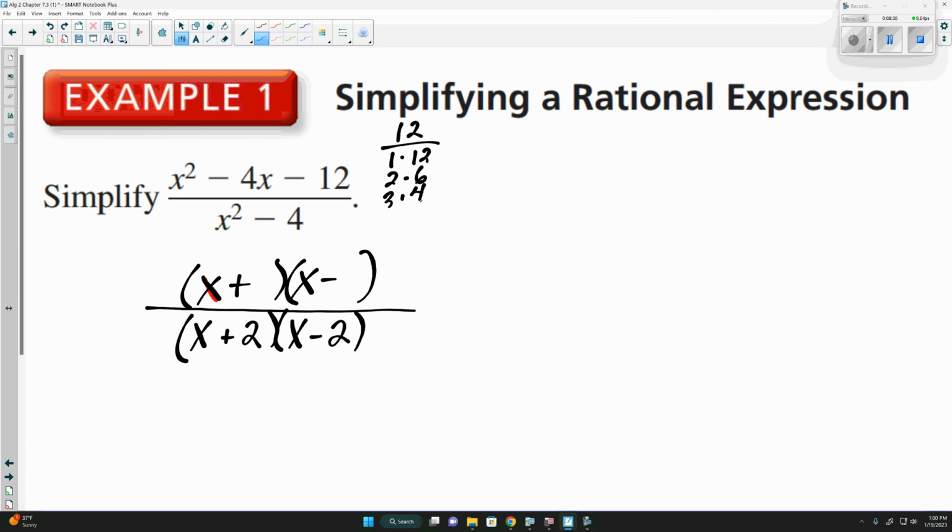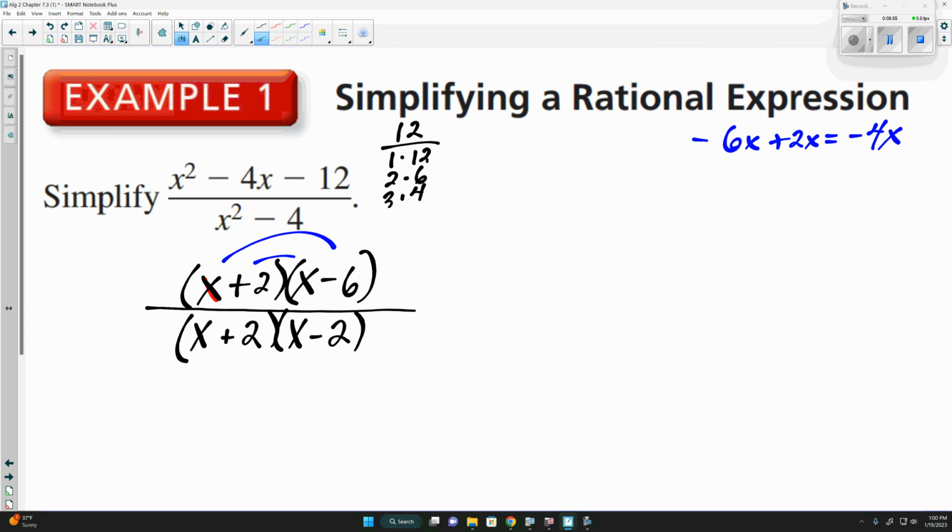Which one do we use? 2 and 6, so we get one that matches. 6 would be negative, 2 would be positive. And we can check it off to the side. X times negative 6 is negative 6x. 2 times x is plus 2x, which does give us a negative 4x that we wanted.